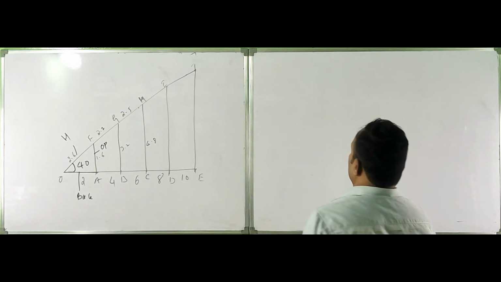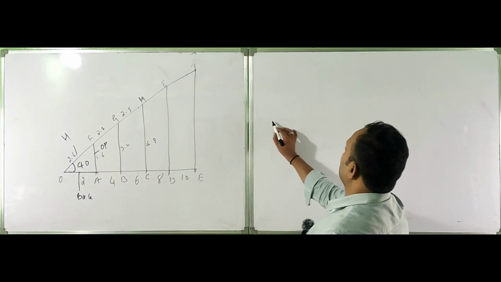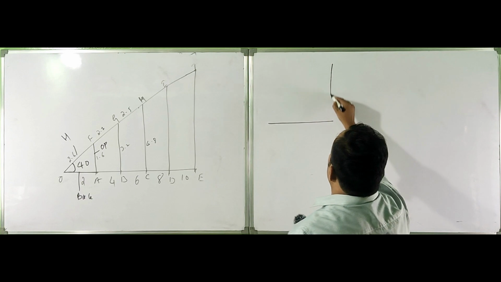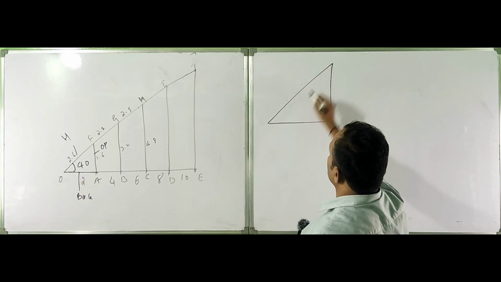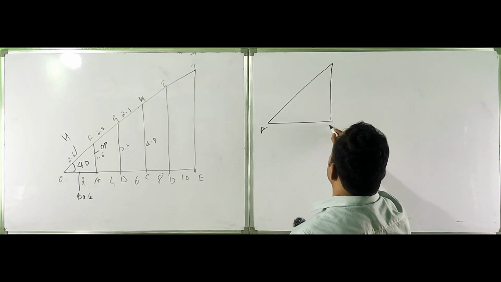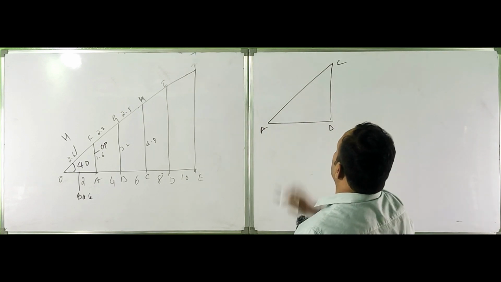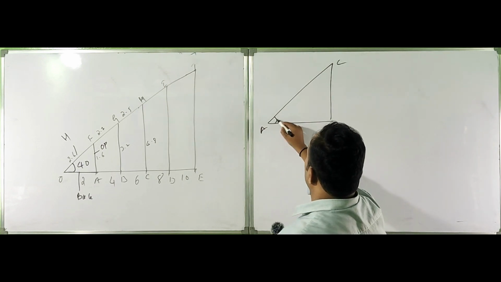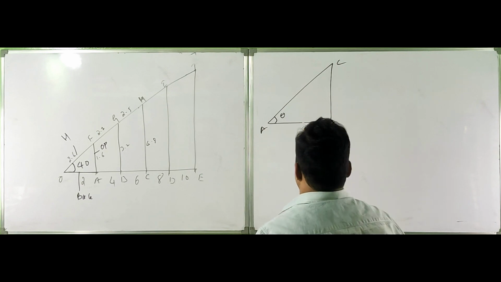Let's take the standard angles. Right angle triangle: this is A, this is B, this is C. This is actually angle A, but I am taking the angle theta.